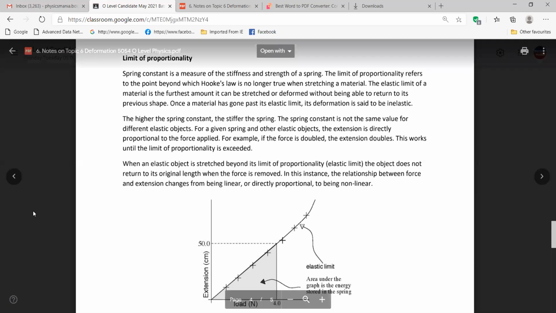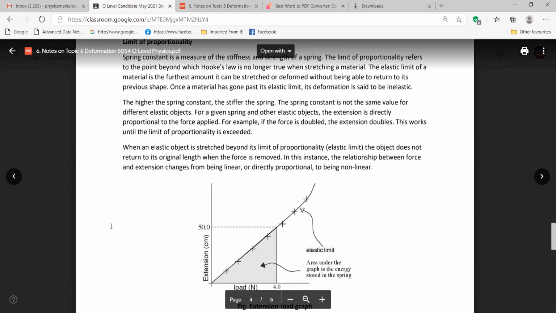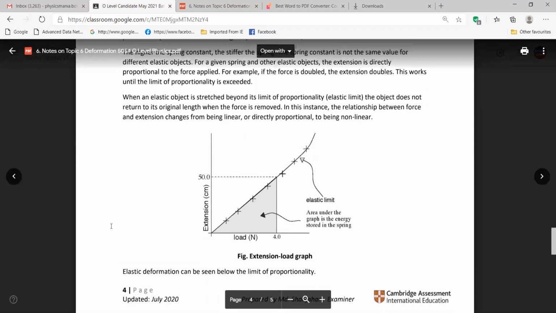So this part you can read. When an elastic object is stretched beyond its limit of proportionality, the elastic limit, the object does not return to its original length when the force is removed. In this instance, the relationship between force and extension changes from being linear or directly proportional to being non-linear.